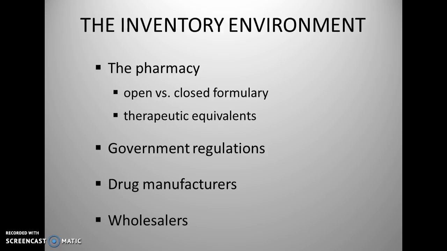Open formulary, a system that allows a pharmacy to use any prescribed medication. And then the concept of therapeutic equivalent. This is where pharmaceutical equivalents that produce the same effect in a patient can be used, even though they may be slightly chemically different.